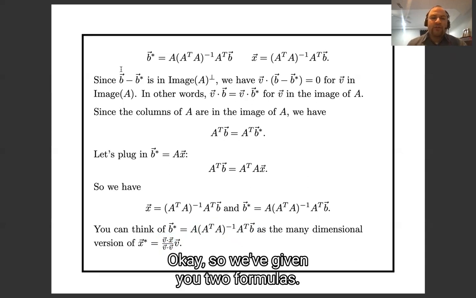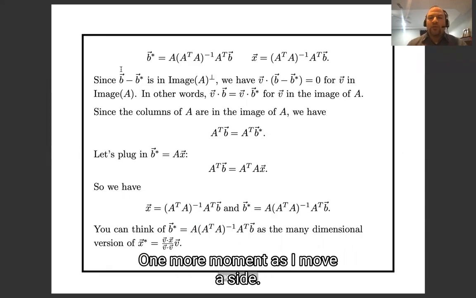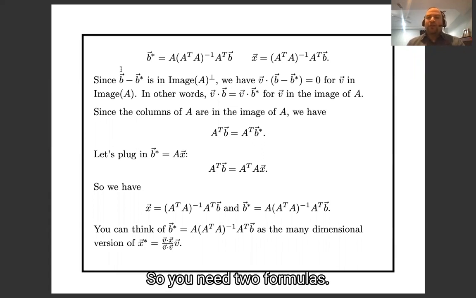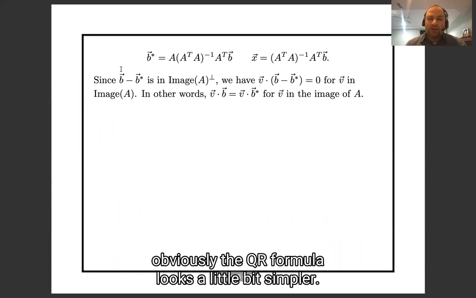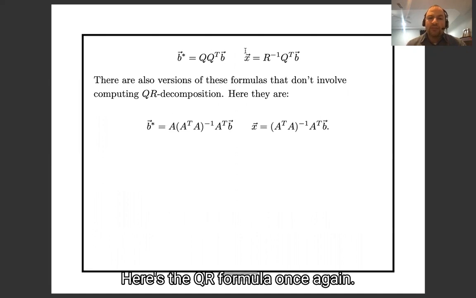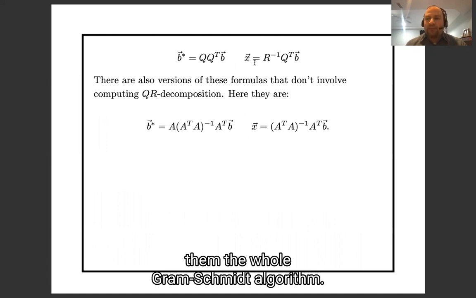Okay, so we've given you two formulas. One more moment on the slide before I go on. The one thing that's nice, obviously the QR formulas look a little bit simpler. Here's the QR formulas again. But they have hidden inside them the whole Gram-Schmidt algorithm.